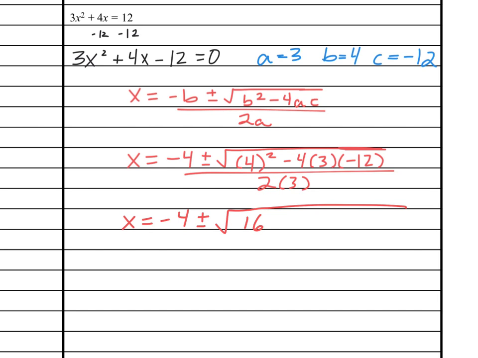You are doing negative 4 times 3 times negative 12, which will give you positive 144. So plus 144, because I already used the negative 4. All of that over 2 times 3, so all that over 6.